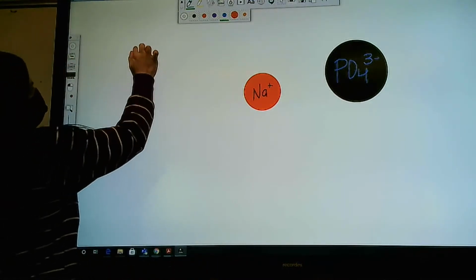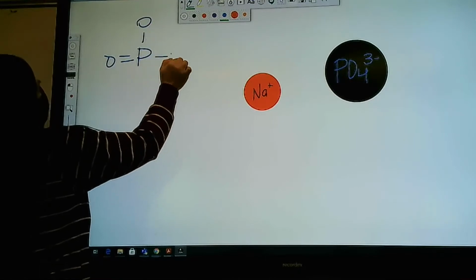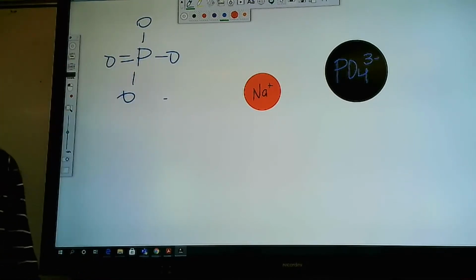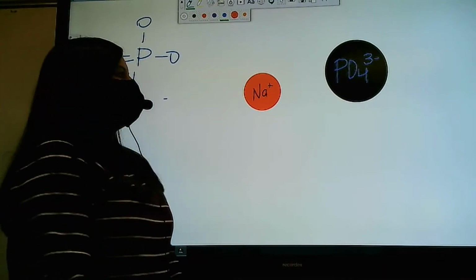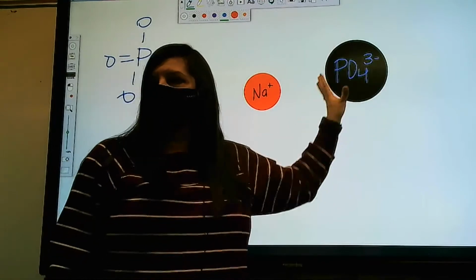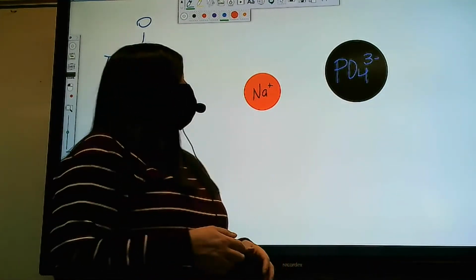Phosphate realistically is going to be a giant molecule. It looks like this. And the entire structure has a 3 minus charge. Okay, so that's what phosphate is. But we're not there yet, so I'm just going to put it in a circle so you know that it belongs together. All right, the whole goal is to balance out our charges, right?